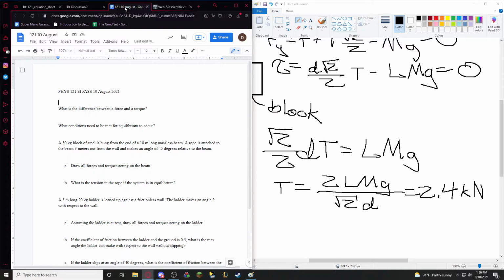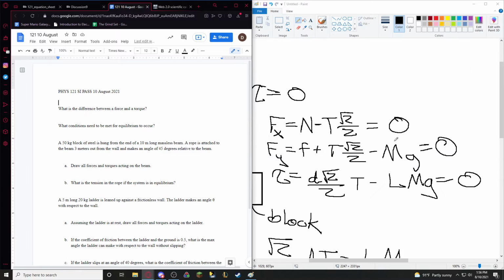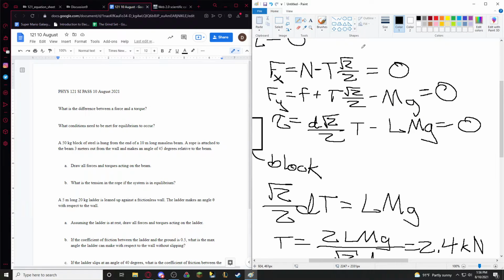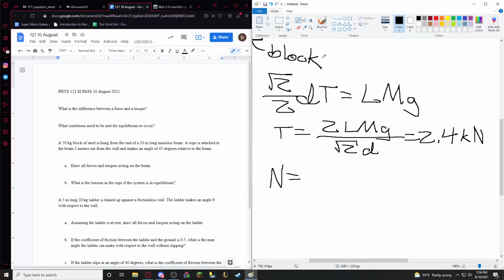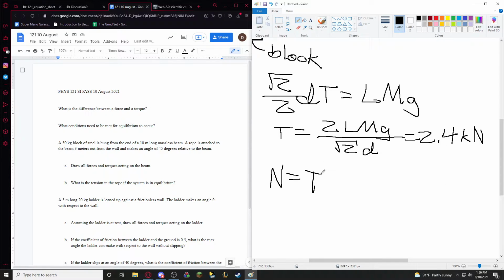So now, how would we calculate the frictional force and the normal force? You could just plug that tension back into the Fx equation, and into the Fy equation too, and you'd get the answer pretty quickly. We know the normal force from the Fx equation is equal to tension times root 2 over 2.